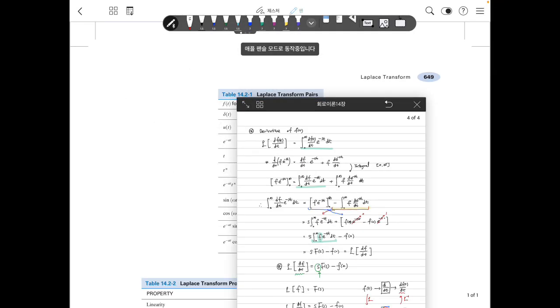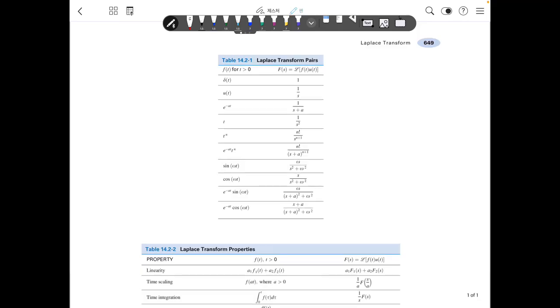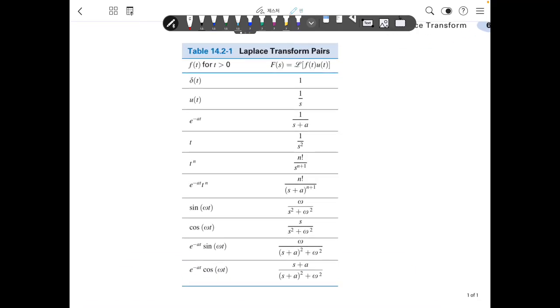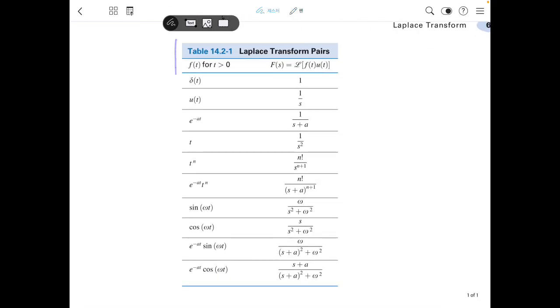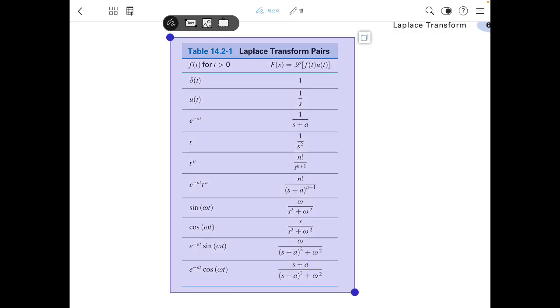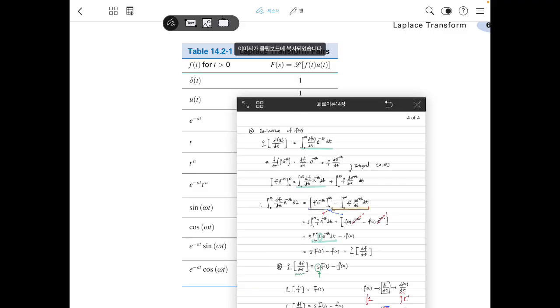Here we have many important things like that. This is a table of Laplace transforms.